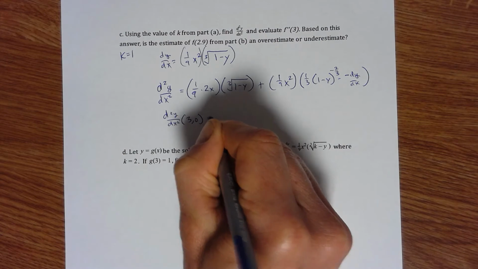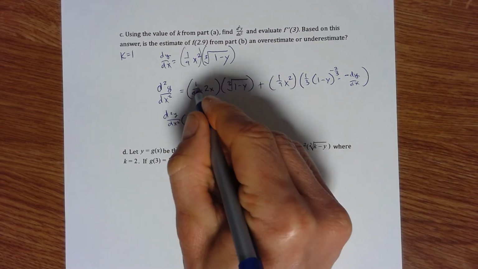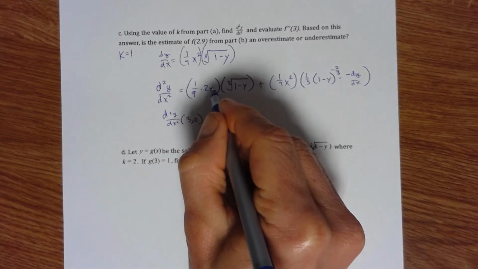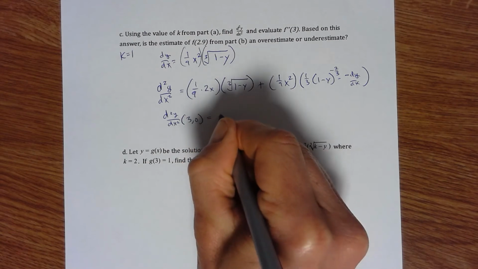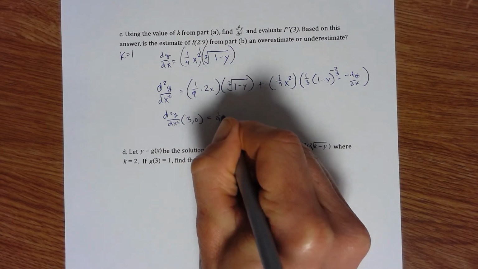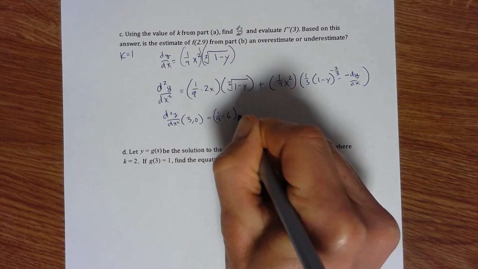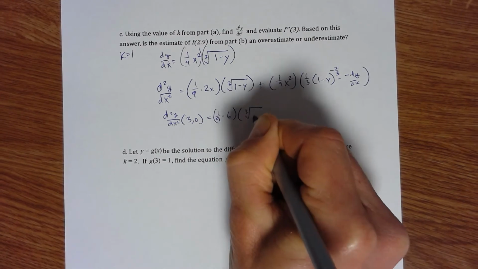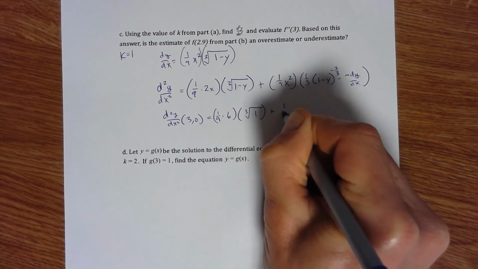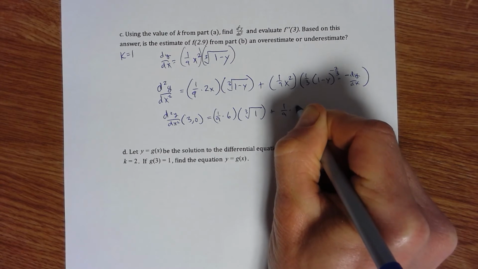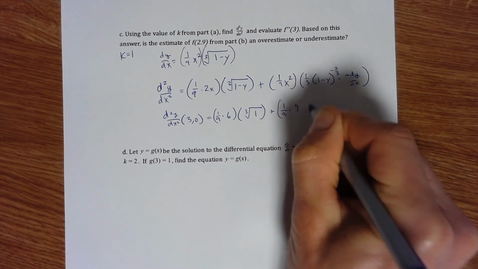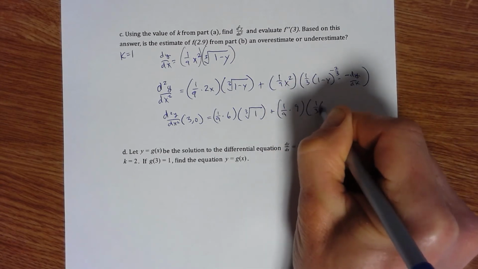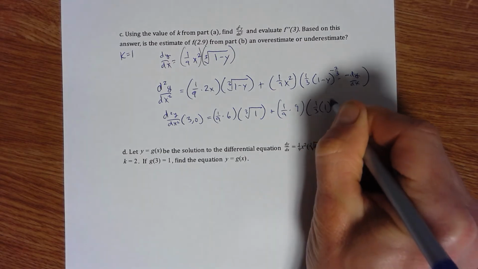So we have 1/9. We're going to replace this x with a 3, so 1/9 of 6. We have the cube root of 1, 1/9 of 9, 3 squared, 1/3. 1 minus 0 is just 1 to the negative 2/3.